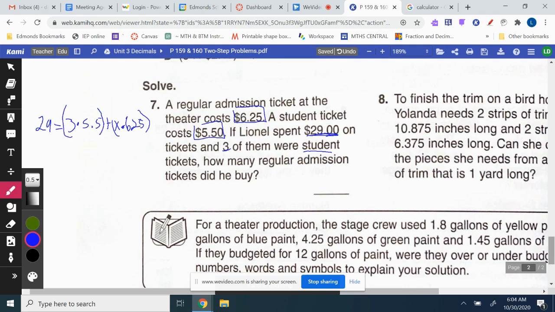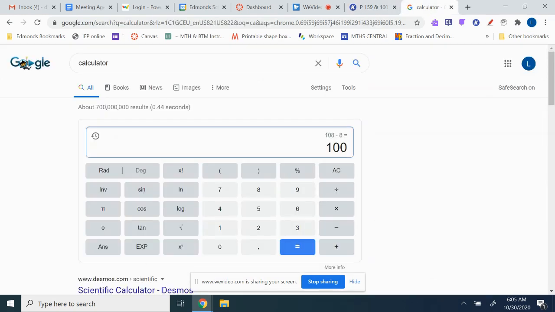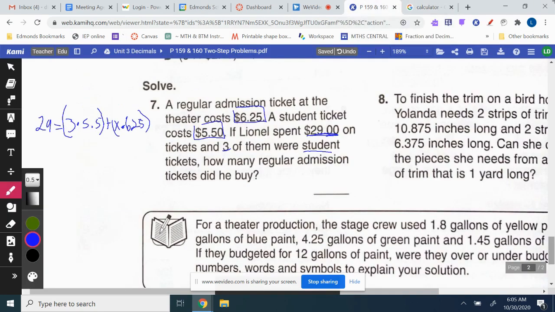So my first thing I have to do is figure out what 3 times 5.5 is. And again, feel free to use your calculator on this problem. 3 times 5.5 is $16.50. So I know this is $29 equals 16.50. Plus, we still don't know how many tickets we're buying at the regular cost at $6.25.